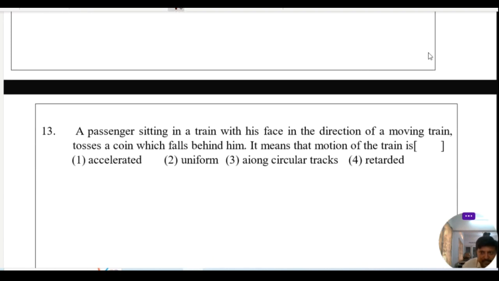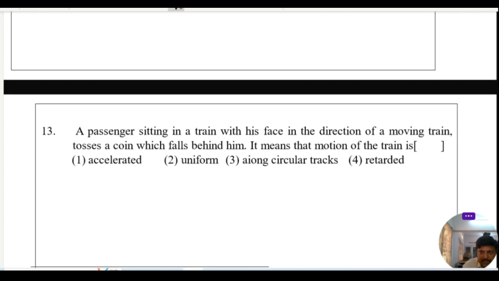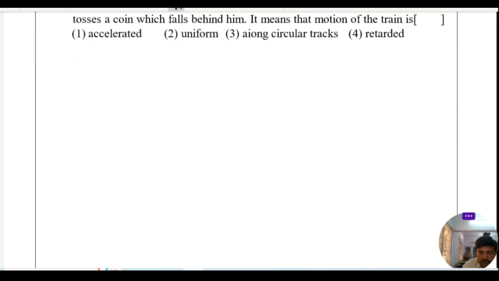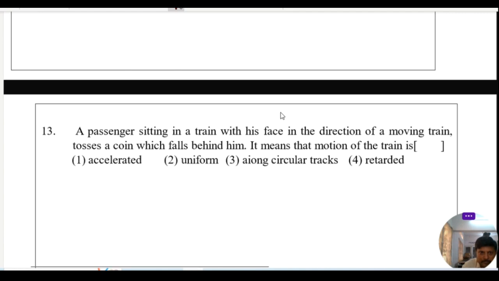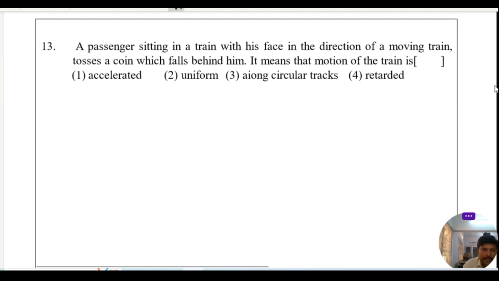Next, 13th question. Here, my dear children, the 13th one is a very important question. Look at the screen. A passenger sitting in a train with his face in the direction of the moving train tosses a coin which falls behind him.